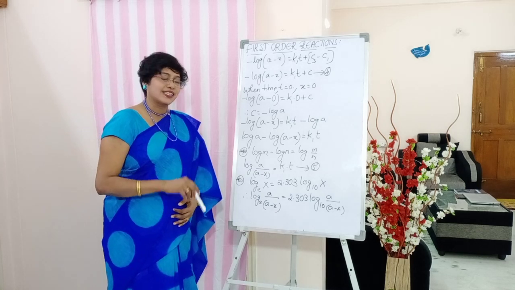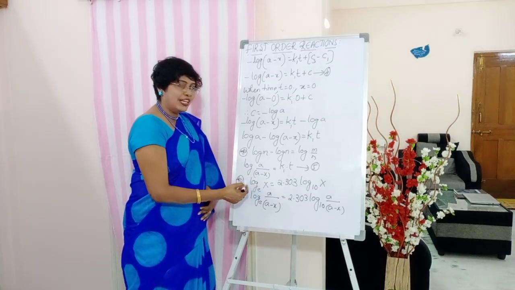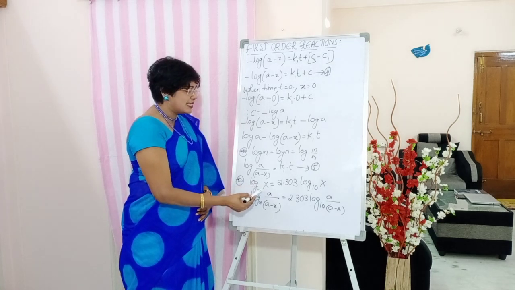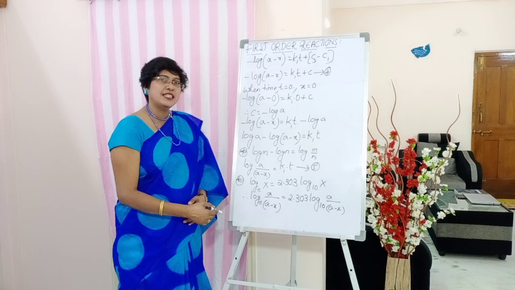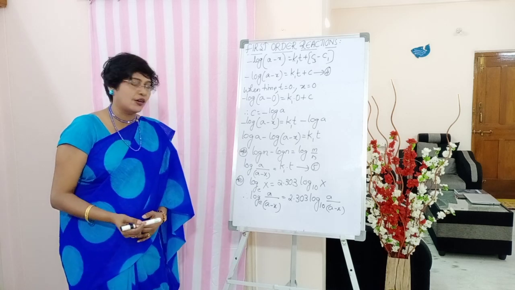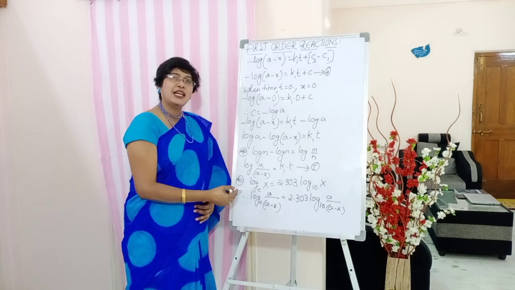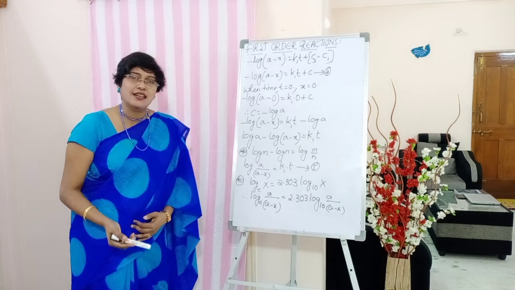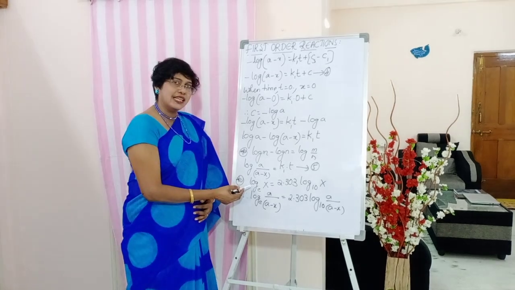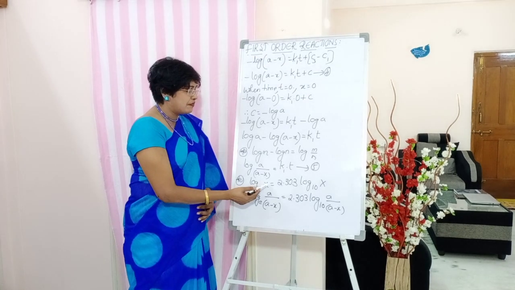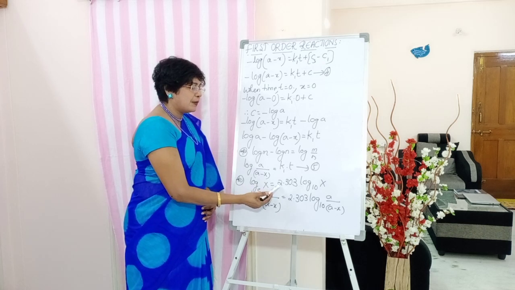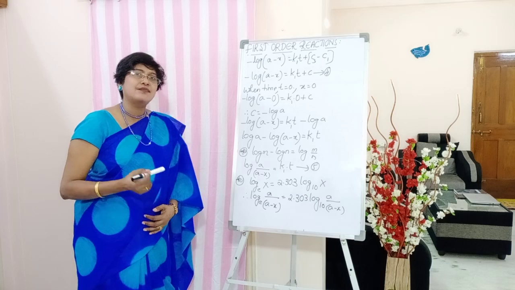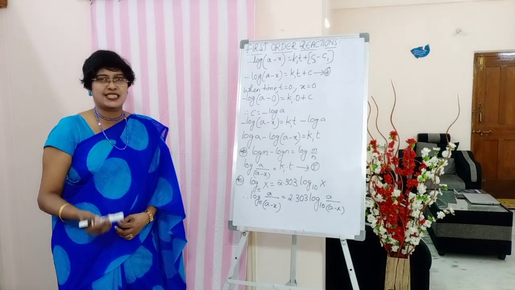Below, star mark. We know that log of x base e. There are two types of logarithms, base e logarithm and base 10 logarithm. Base e can be converted into base 10. How? Here I have given one example. Look here. Log of x base e, if we multiply with 2.303, we can convert into base 10.